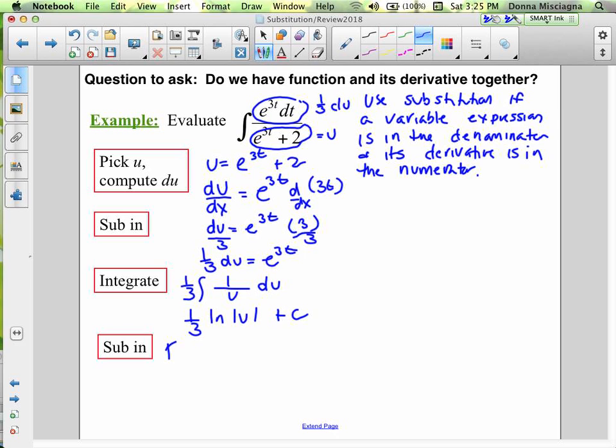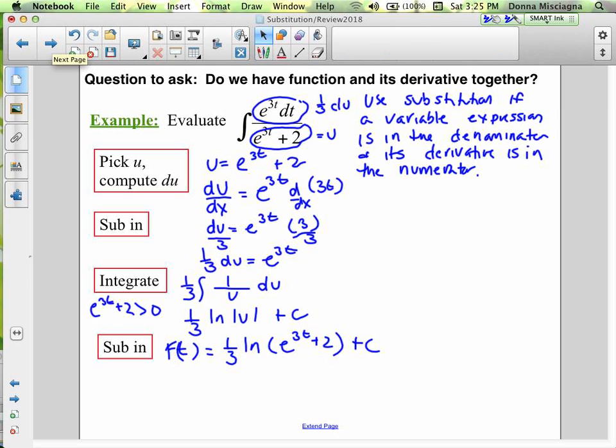So f of t this time is 1/3 natural log of e to the 3t plus 2. Now I can drop the absolute value bars and just use parentheses because this is always positive. So e to the 3t plus 2 is always greater than 0. So it's fine. It doesn't matter if I put parentheses or absolute value bars in there. And there we go.